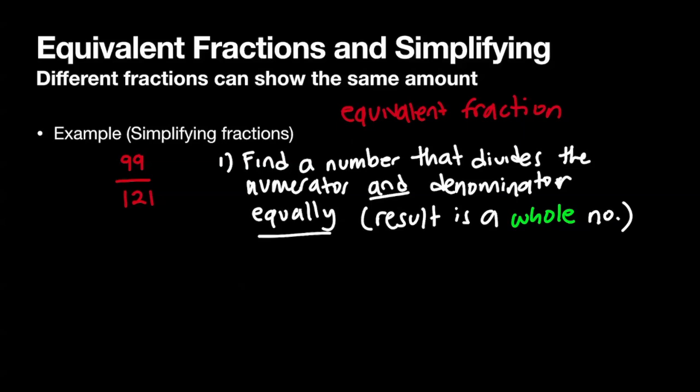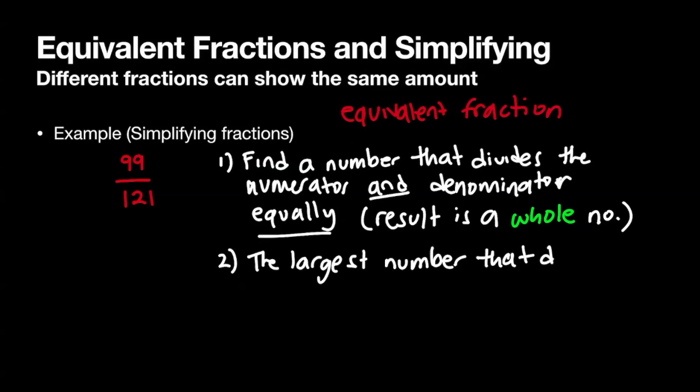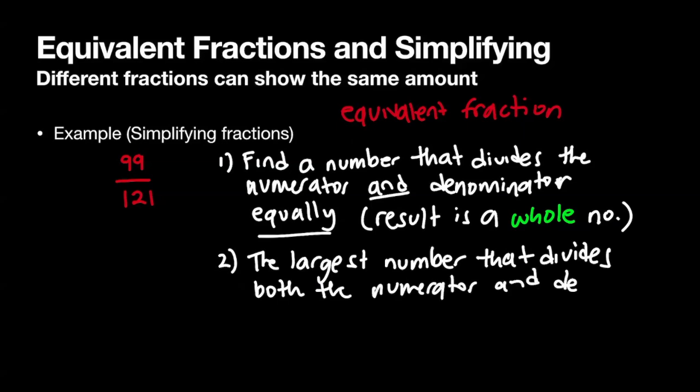And if we can find another number afterwards, we can get an even simpler fraction. So the goal is to find the largest number that divides both the numerator and denominator equally.